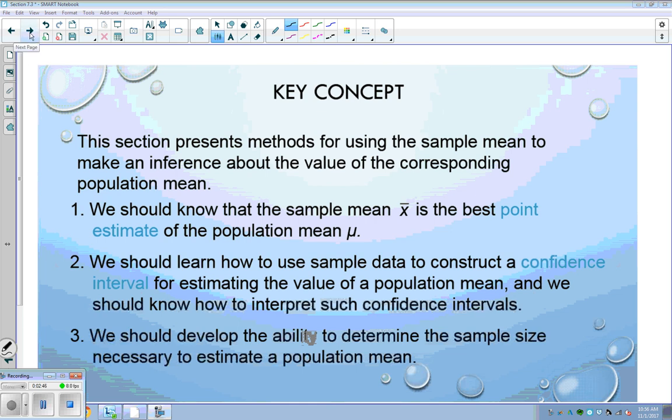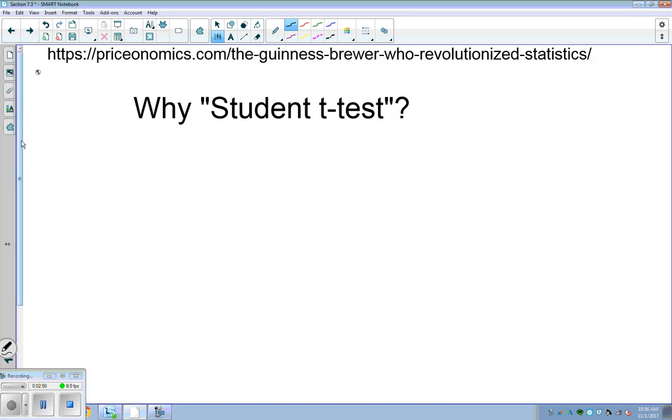There's going to be some different formulas that we're going to use, and often we will not know sigma. And think about that. That makes sense because sigma is what? Our population standard deviation.